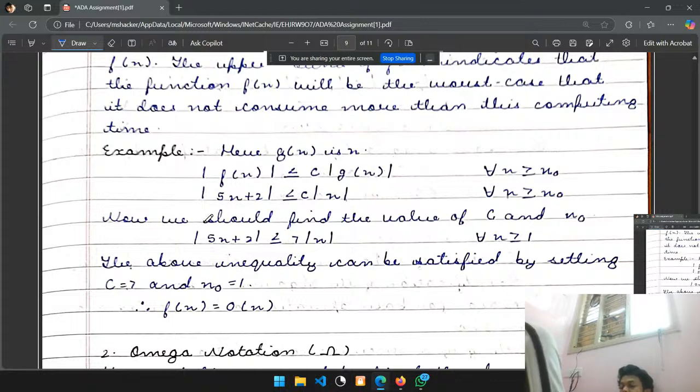It was easy. So it starts with g of n equals n. Now we'll write f of n is smaller than c times g of n. So c times g of n is what? n. Let's say f of n is 5x plus 2. And at the same time, I have to remember n naught.